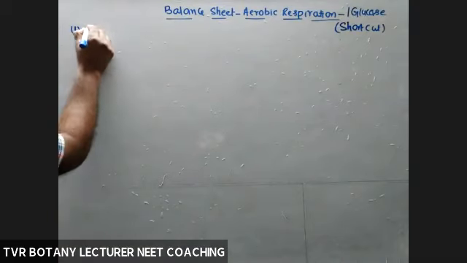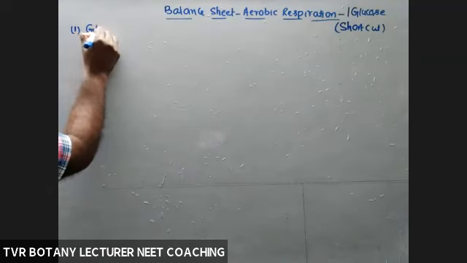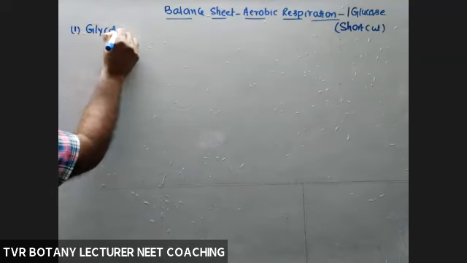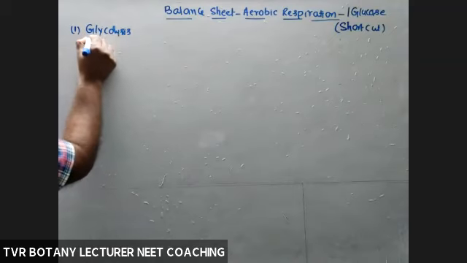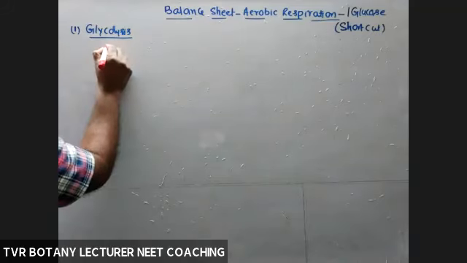So first one is glycolysis, taking place within the cytosol or cytoplasm. Take one glucose molecule.